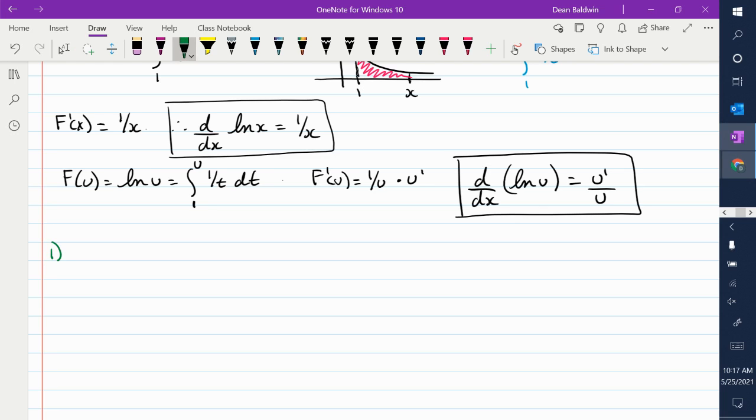So first one. What is the derivative of the natural log of 2x?